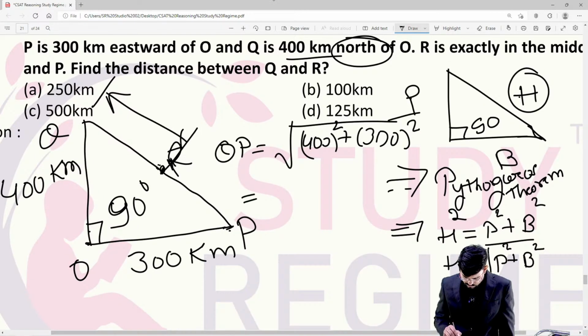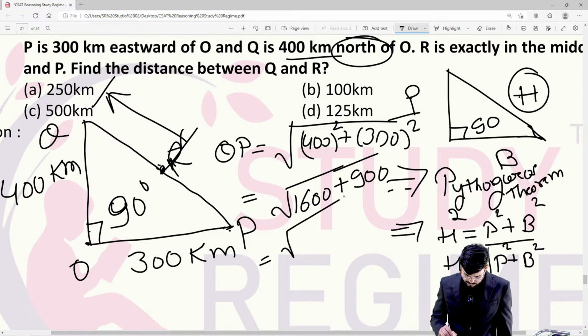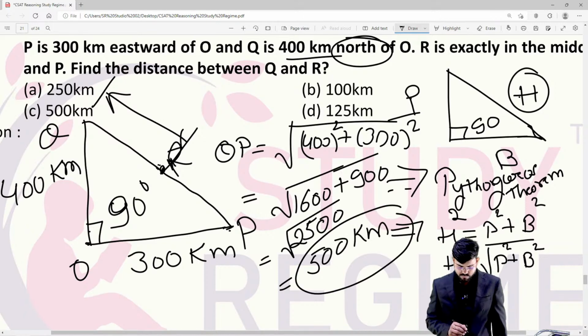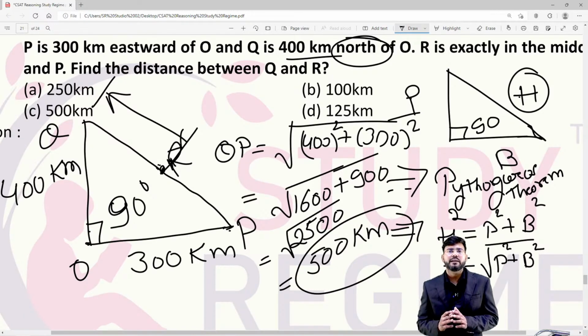You will get what? Under root of 1600 plus 900. You will get under root 2500. The value comes out to be 500 kilometer. So, the distance between QP is 500 kilometer.